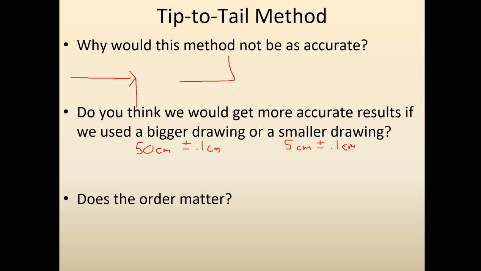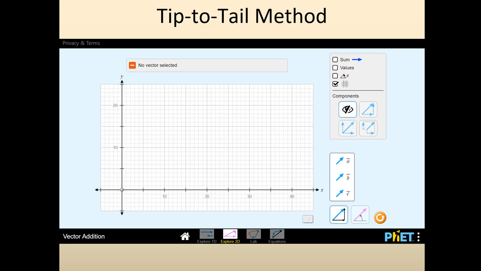Now the third part is, does order matter? So does it matter whether or not I put which vector first versus second? And for this one, I have a really good simulator where I can show this. So over here I have a PhET simulator, and I can show whether or not order actually matters.